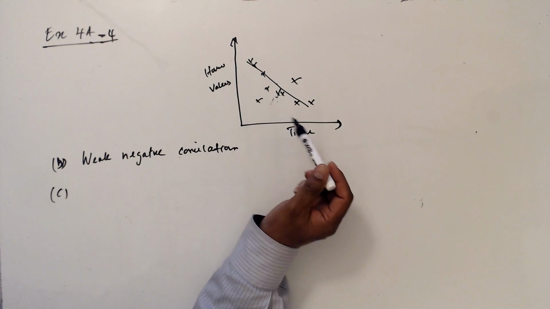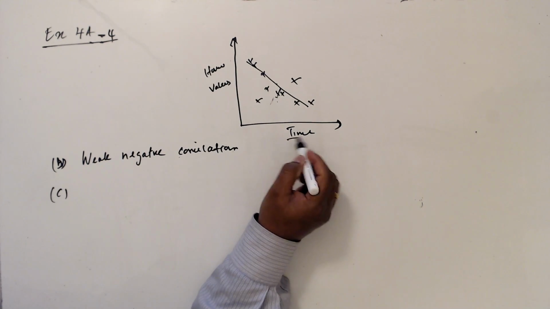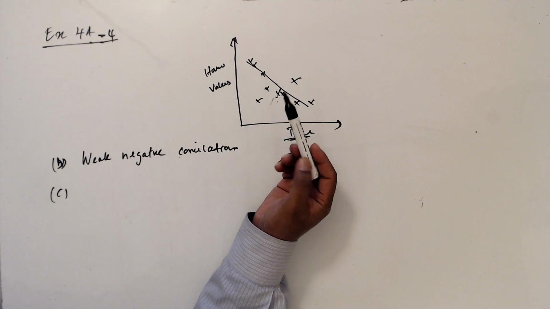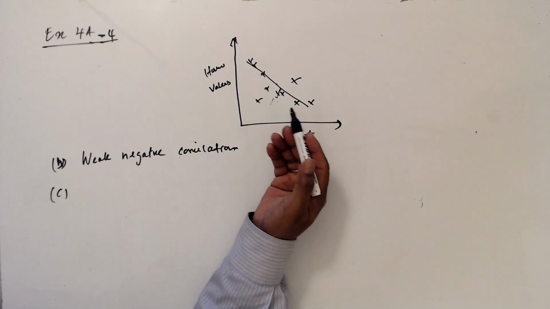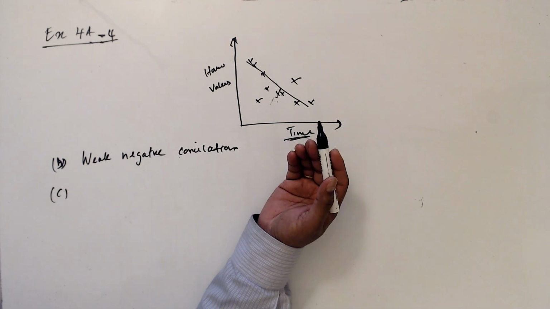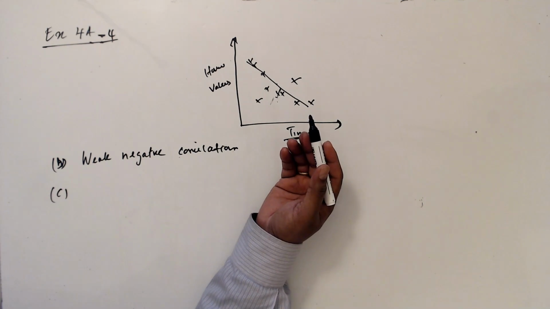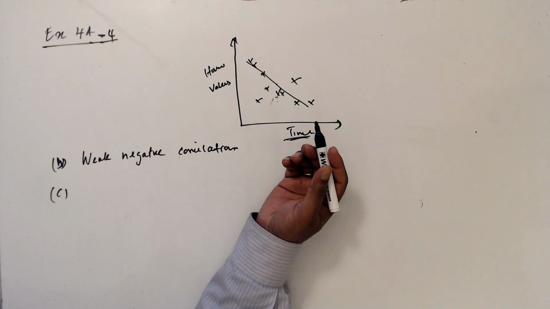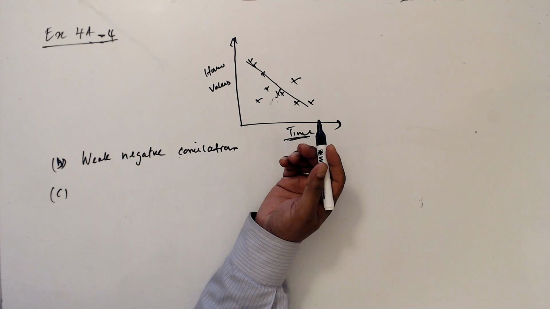The internet speed and the house values. Do you think that when the house values are increasing or decreasing, the internet speed is changing? Does internet speed depend on the value of the houses?